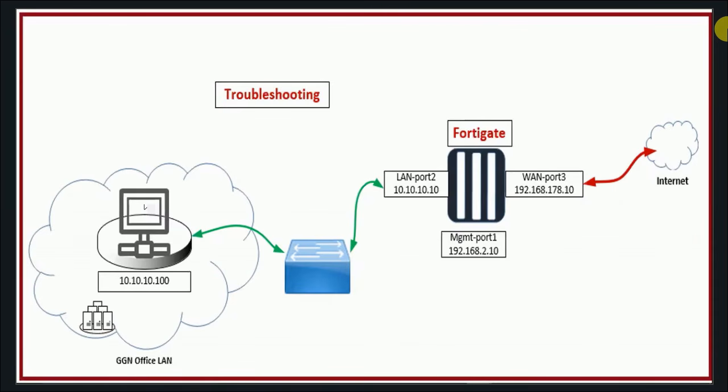The first question is: is the traffic coming to the firewall or not? To see if the traffic is coming up to our firewall or not, we can easily check that.